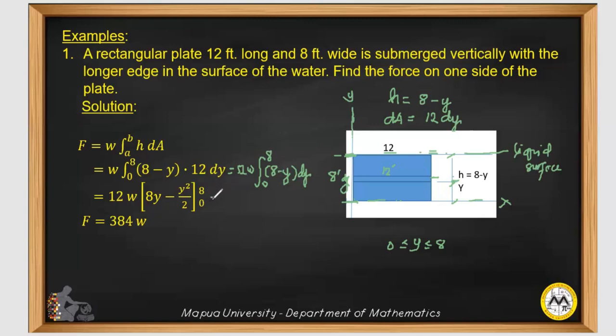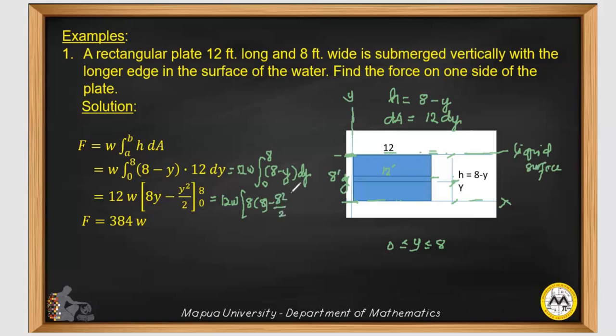And if we evaluate the integral at the upper limit, we will have 12w times, when y is equal to 8, 8 times 8 minus 8 raised to the second power over 2.